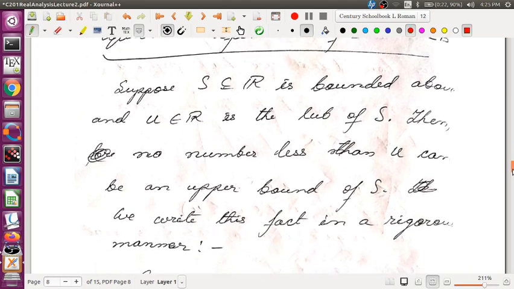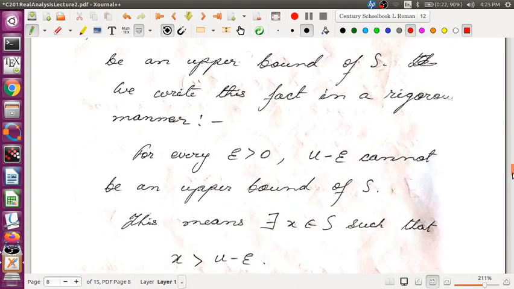So we write this fact in a rigorous manner this way: any number less than u can be written as u minus some positive quantity, right? So for every epsilon greater than 0, u minus epsilon cannot be an upper bound of S.